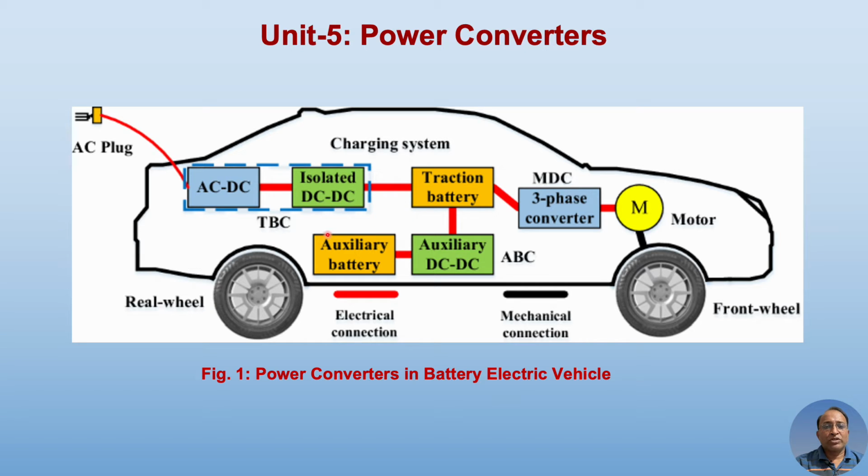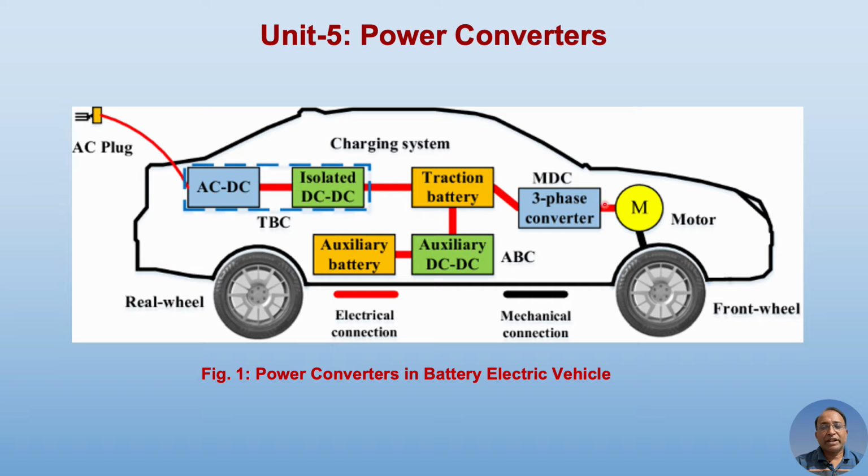This is one of the roles for the electric circuit. Second, we need to supply the electric motor with power. As we have seen, there are various types of motor, especially brushless DC motor, switched reluctance motor or permanent magnet synchronous motors. All these motors require a multi-phase supply.